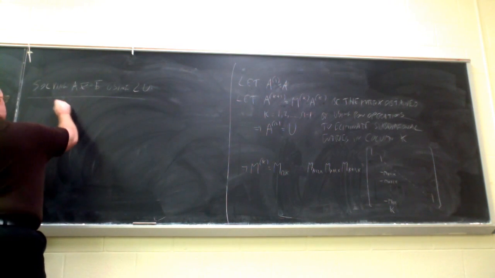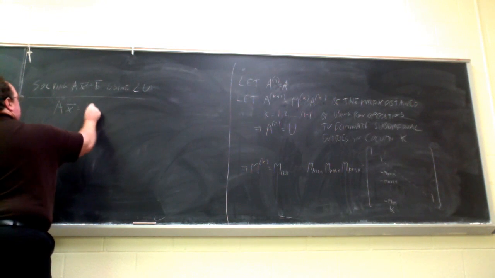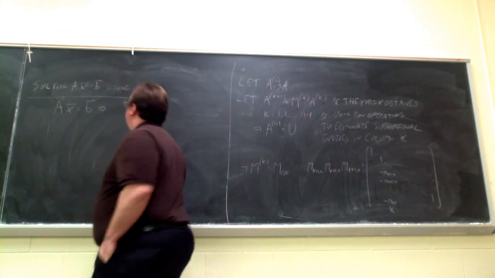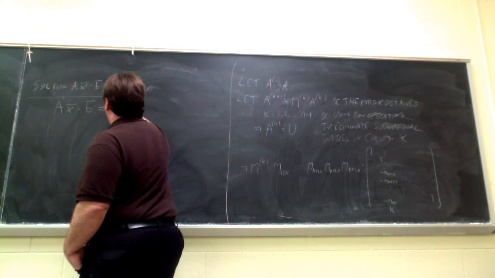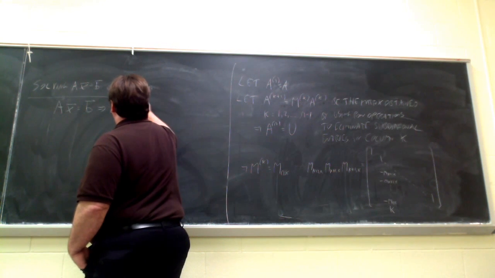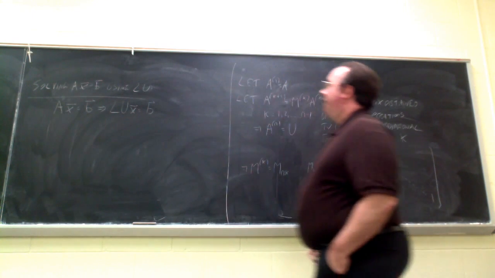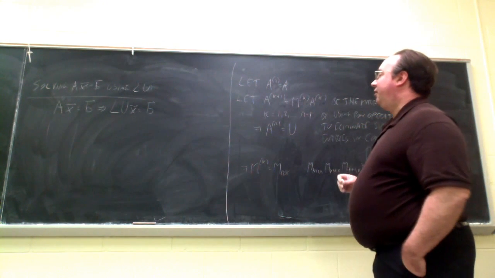So if AX equals B, then I will replace A with LU. So LUX is equal to B. So here's what we can do.